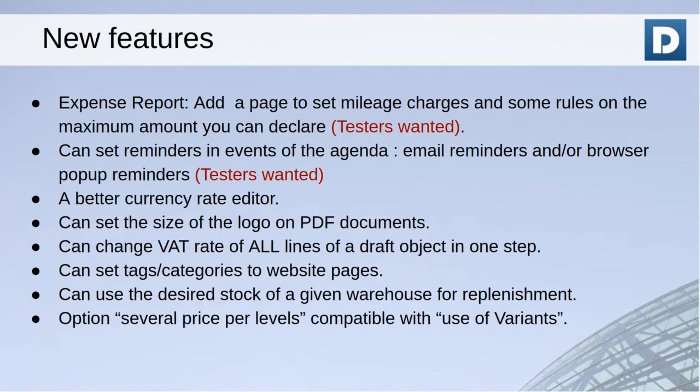Imagine you have 2 different warehouses and you want a stock for the product A of 10 in the warehouse A, and you want a stock of 20 in the warehouse B. So it was possible to make a replenishment to say, I want always in all my stock 30 products. But now you can also say, I want to make a replenishment only for the warehouse A. So Dolibarr will suggest you to buy enough product to reach the quantity 10 in the warehouse A.